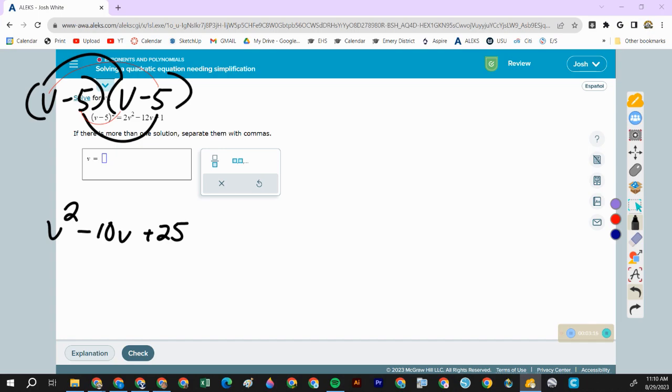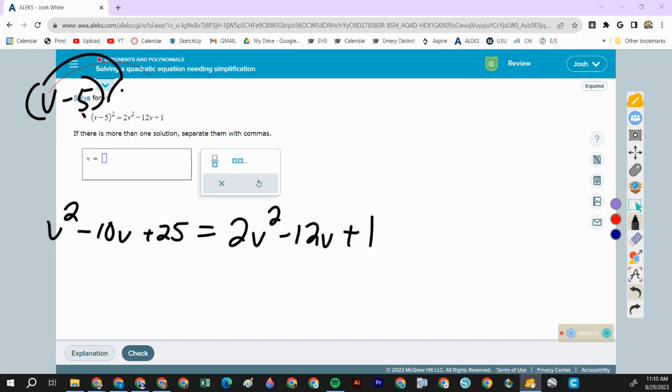Okay. And that's equal to 2v squared minus 12v plus 1. Now what should I do? Move everything to one side. Does it matter which side? No. Which side would be easier? The right side. Why do we prefer the right side? We want our v squared term to be positive.